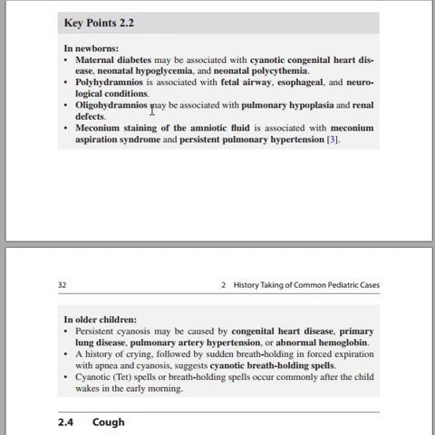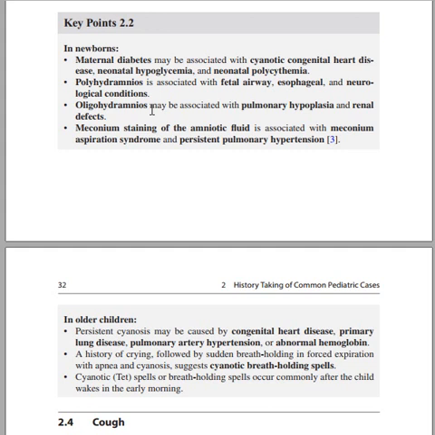Polyhydramnios is greater than 2 liters, while oligohydramnios is less than 500 mL, at the level of 30 to 36 weeks of gestation. That is the range at which you speak about those volumes. But you need to know that at every gestational age there is a particular reference value of amniotic fluid that is used.